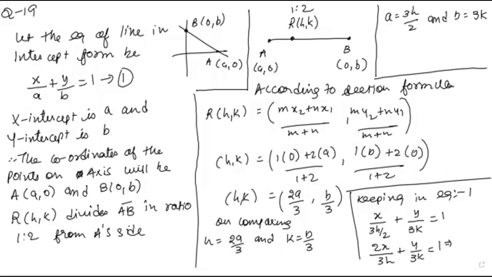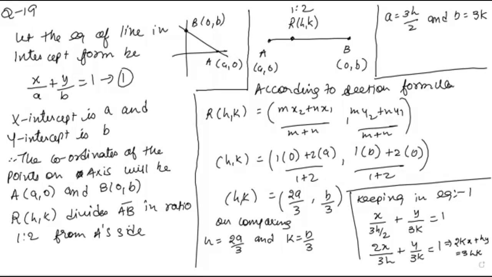So if I simplify this, I will have 2kx plus hy is equal to 3hk.